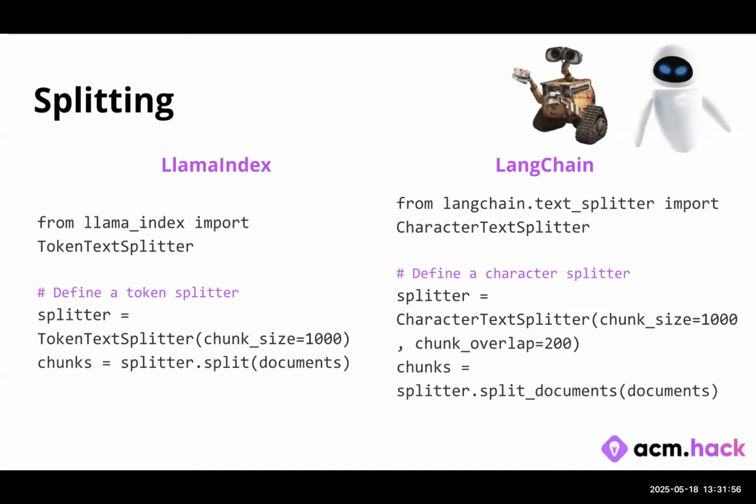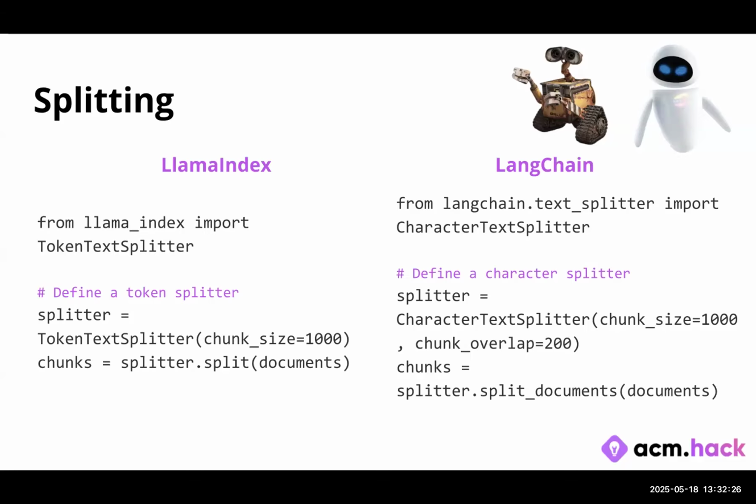Okay, so the next step would be to split up your document so it can fit within the token limit of your LLM. For LlamaIndex, you would import a token text splitter, and then you need to specify your chunk size. That's the size you want your splits to be. Here I specify it to be 1,000 tokens. That's basically just the word size. For LangChain, you would import a character text splitter, and here we need a chunk overlap.